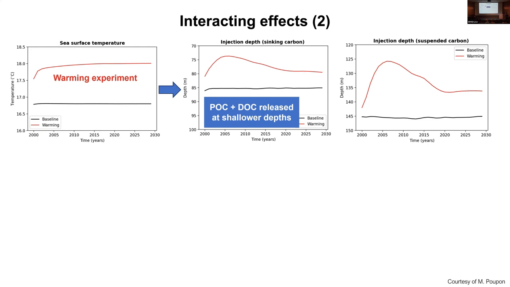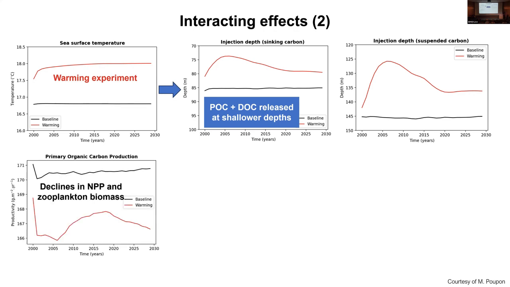Here, this plot shows the POC, and this plot shows the dissolved carbon, DIC primarily, but also DOC. And the carbon is released at shallower depths because of the increased metabolic rates. So this is despite the overall deepening of the migratory biomass.